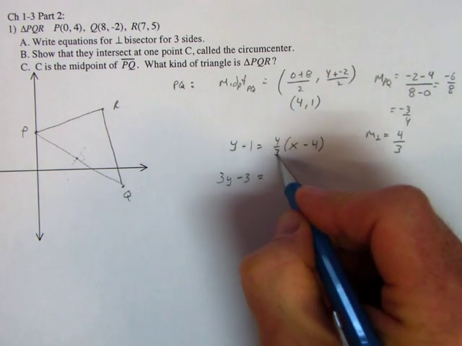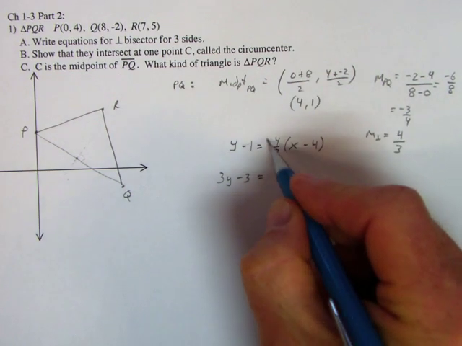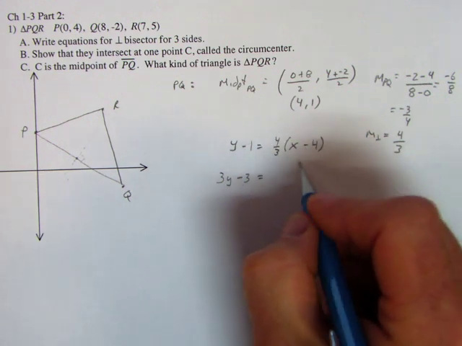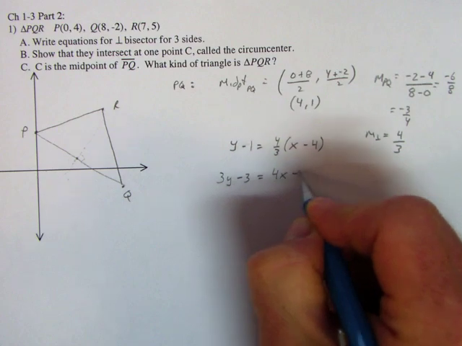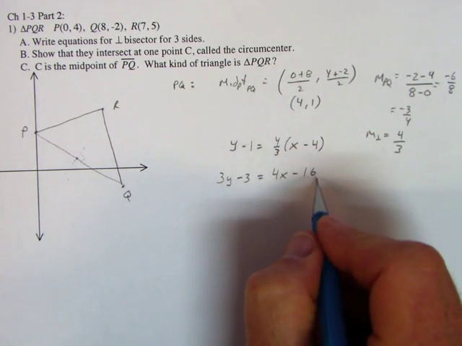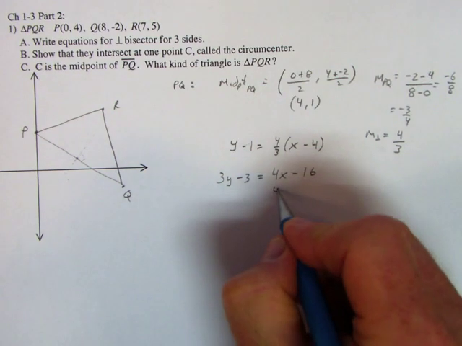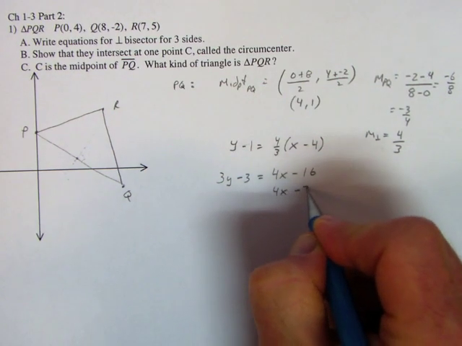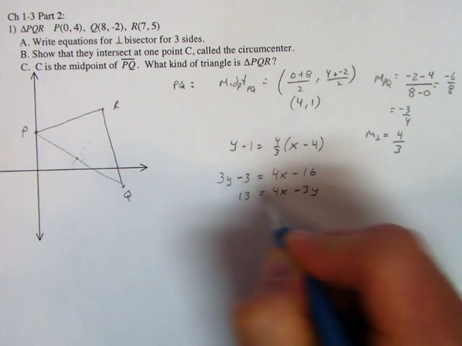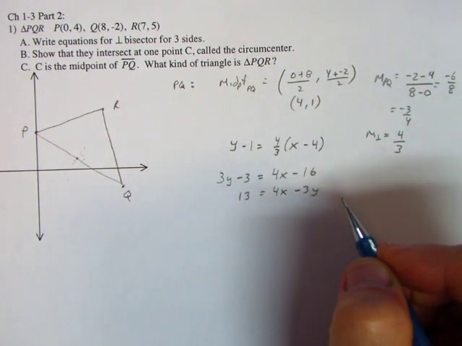The 3's will go away on this side. They reduce out. So now I'm left with 4 times x minus 4, and I get 4x minus 16. Let's move the 3y to this side and the 16 to that side. So we'll have 4x minus 3y equals, add 16, so we get 13.